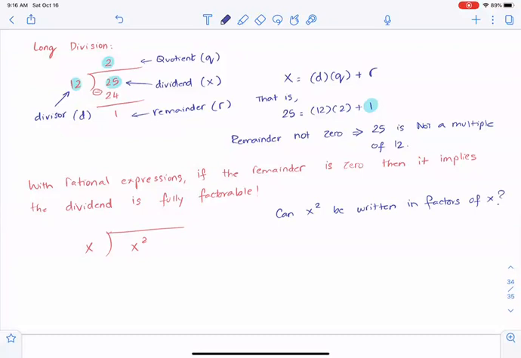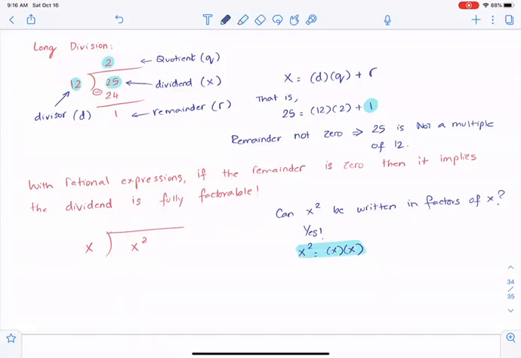The answer is yes. And we know how also, x times x. Long division is a way to get at that.